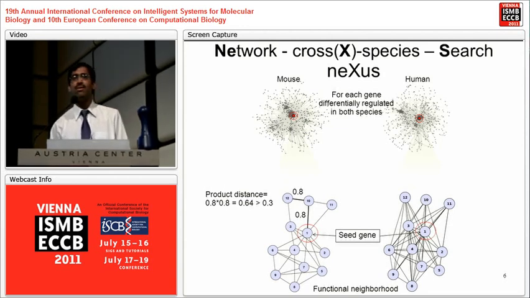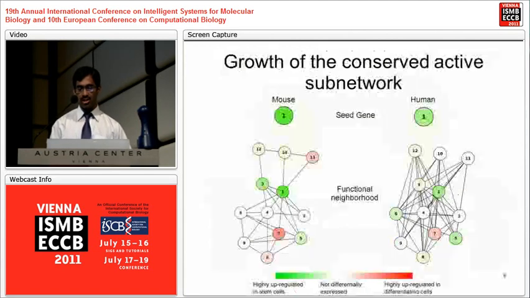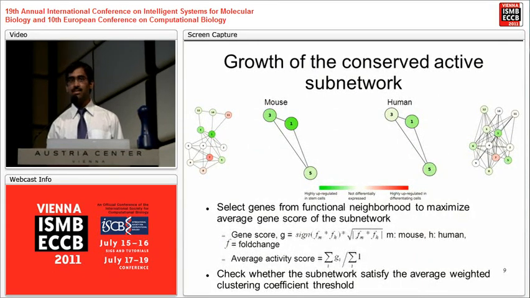Now, once we have the functional neighborhood, we overlay the fold change from the expression data. Again, green means active in stem cells, red means active in differentiating cells. We want to find coherent subnetworks that are densely connected and at the same time contain a lot of active genes from the expression data. So we start with a seed gene 1, and we incrementally add genes in a greedy fashion so as to maximize the average activity score of the subnetwork.